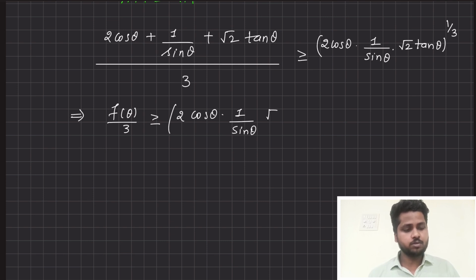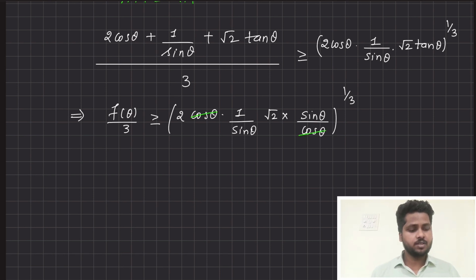Root of 2 tan theta, where tan theta is nothing but sin theta by cos theta, the quotient relation, whole raised to 1 upon 3. This cos theta and cos theta will get cancelled. Sin theta and sin theta will get cancelled.